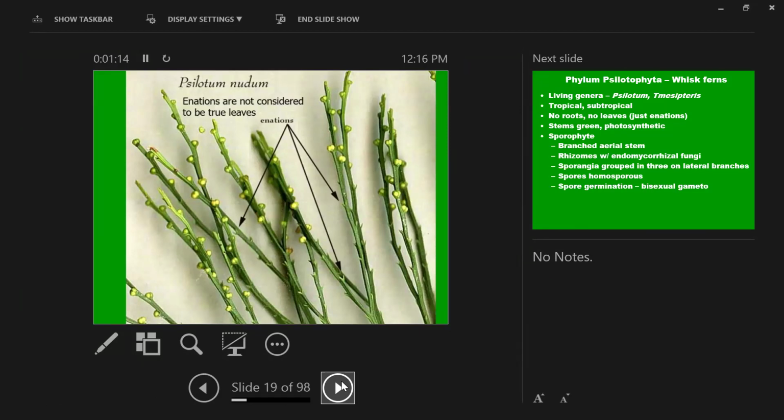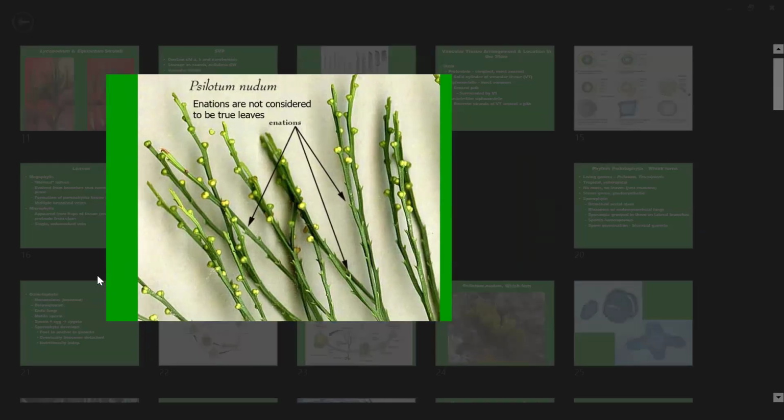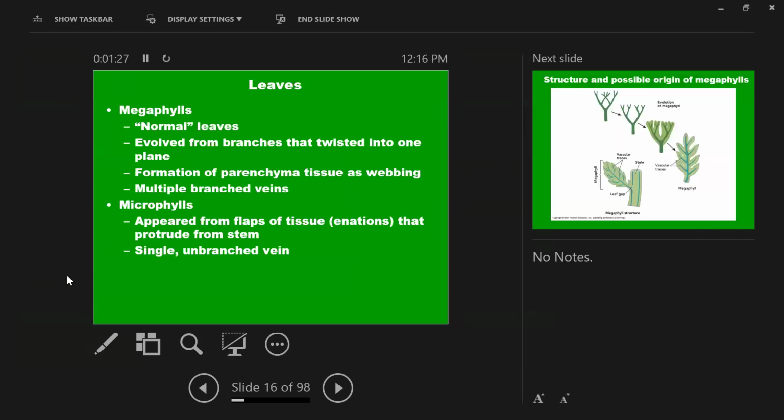That's the forerunner of leaves, the enations the whisk ferns have. It's just this little tiny flap. Eventually those enations evolved in some plants into a microphyll.